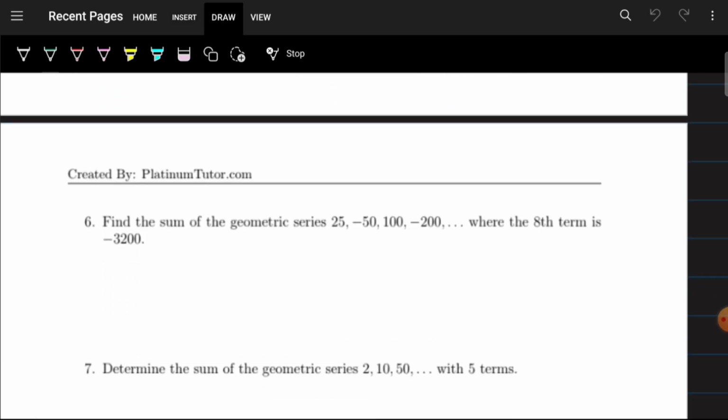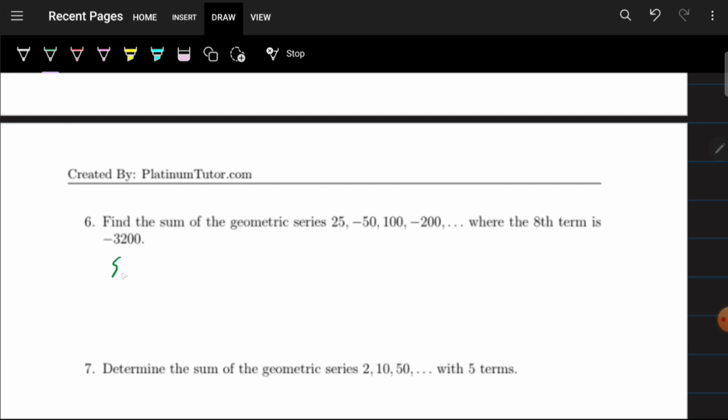So for this next one, it says find the sum of the geometric series, where the 8th term is negative 3,200. Now for this problem, we don't really need to know that the 8th term is negative 3,200. All we need to know is that there are 8 terms.